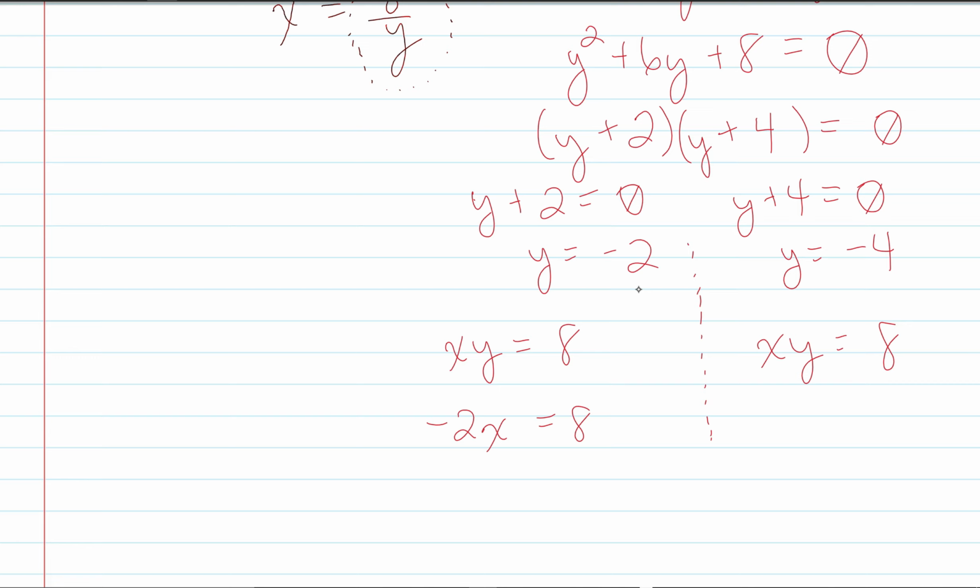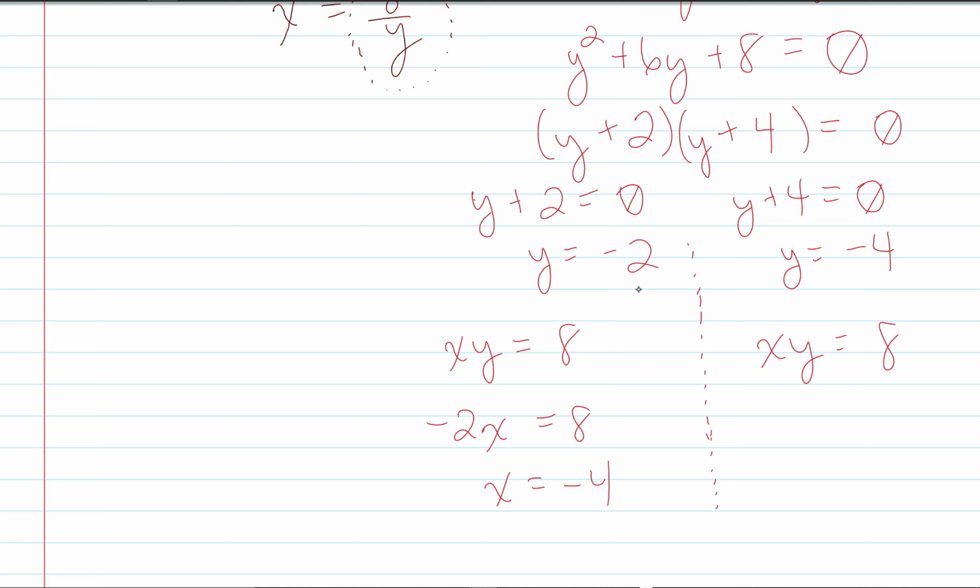If we write x negative 2, we would probably have to be sure to write a dot in between them or put them both in parentheses. In solving for x, we just divide both sides by negative 2, and we get x is equal to negative 4.